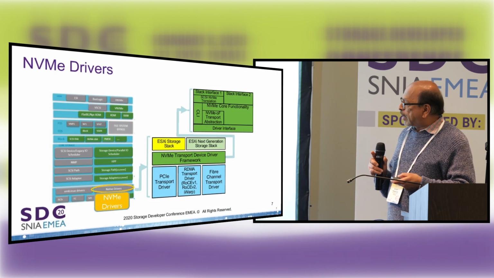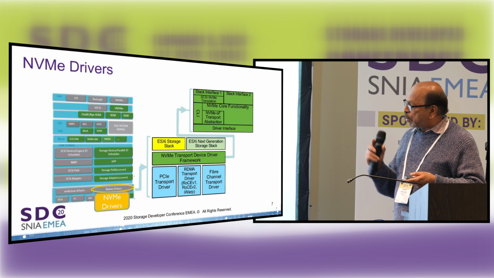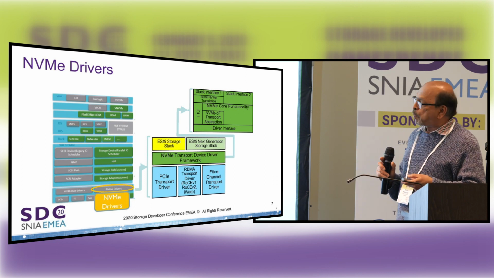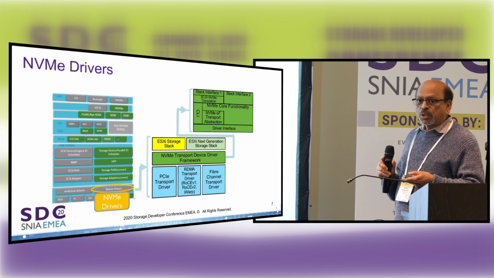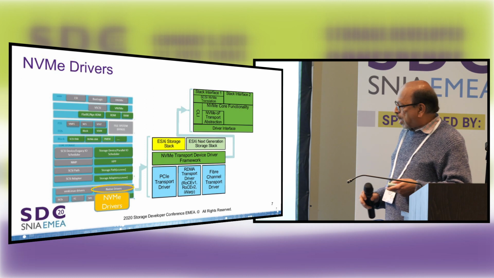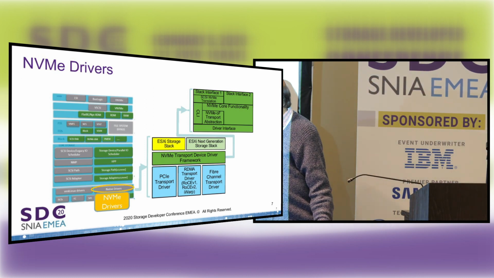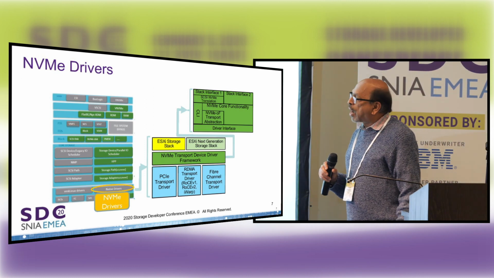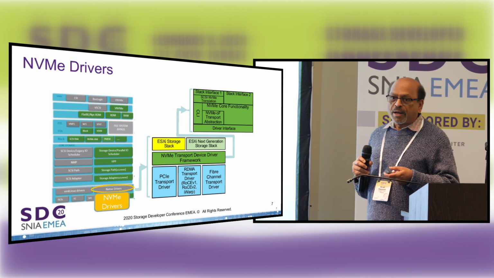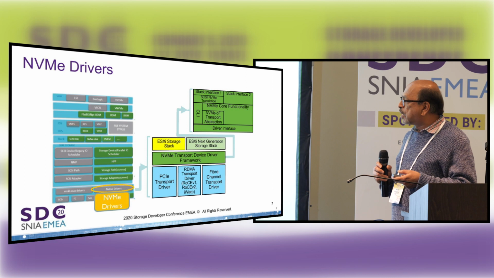If I look at the drivers, which is at the very bottom, on the right side of the picture is an expansion of the driver architecture. The way it works here is it's very modular. In the middle layer, you see a transport framework under which you can plug in a number of drivers, PCIe being local device being one of the drivers.